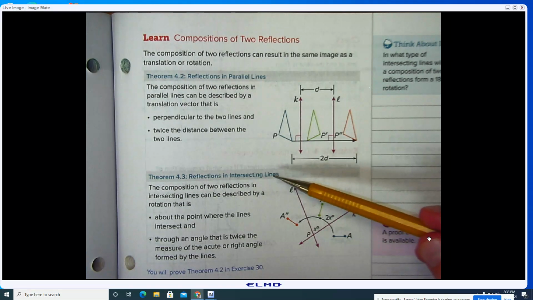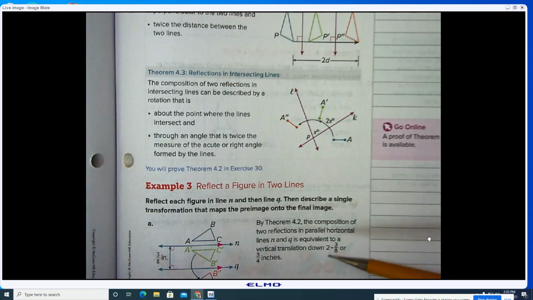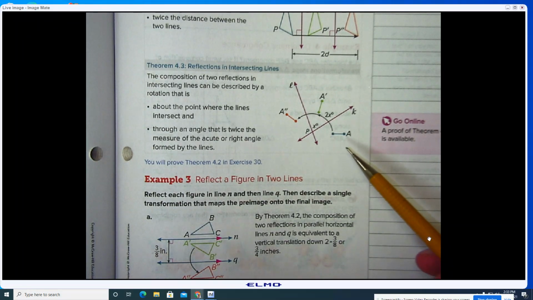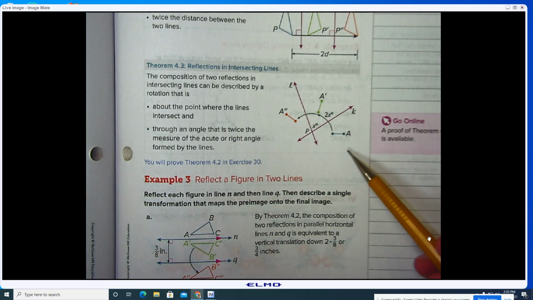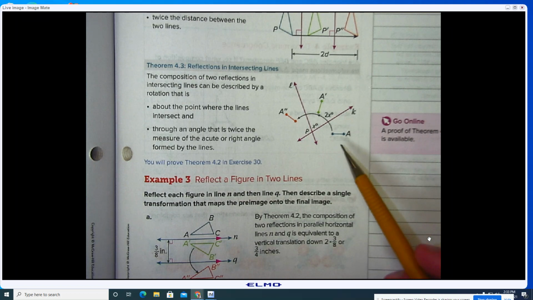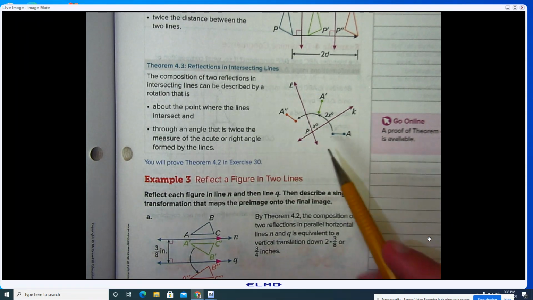Reflections in intersecting lines. A lot of times we're not going to see these unless they're special cases. Usually we're not going to be getting rotations that are not the main ones, 0, 90, 180, 270, and 360. But we're just looking at what's happening here.